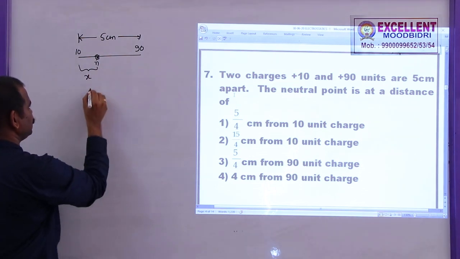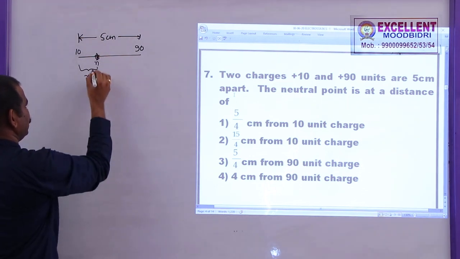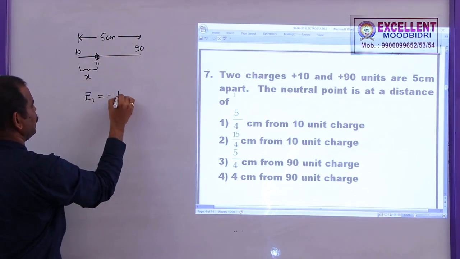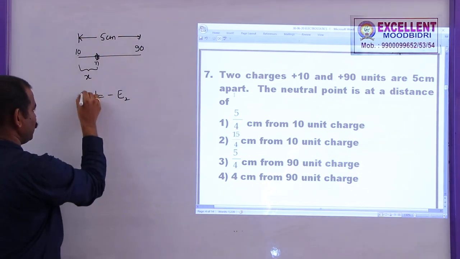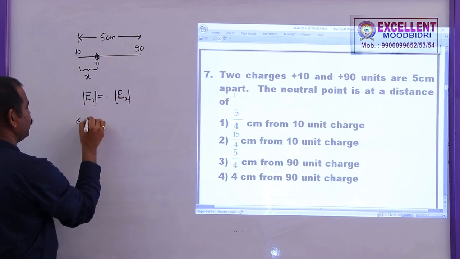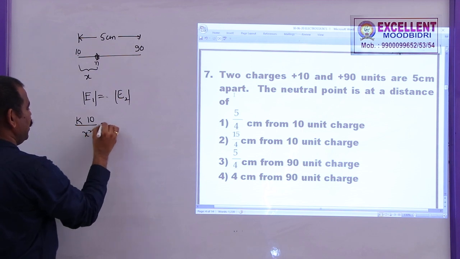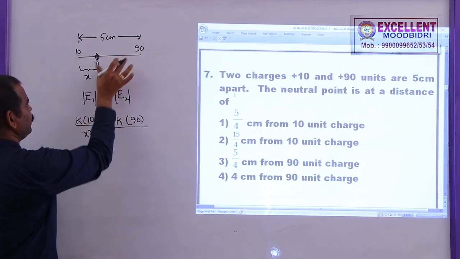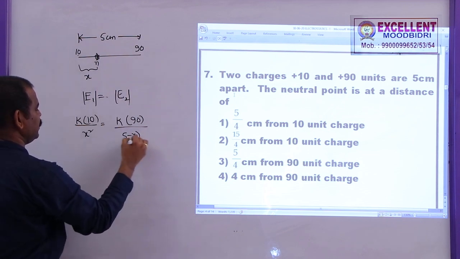Now if you take this one, let us say the electric field here due to this charge is E1. This is equal and opposite to E2. If you take only magnitudes, E1 is equal to E2. So that is KQ by r square is equal to K into 90 by 5 minus x whole square.